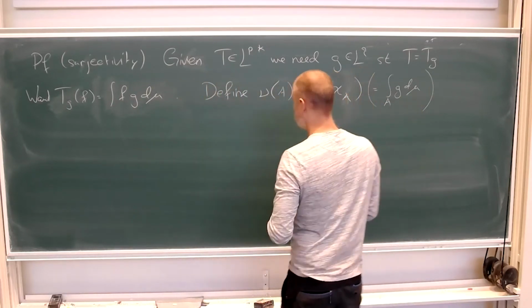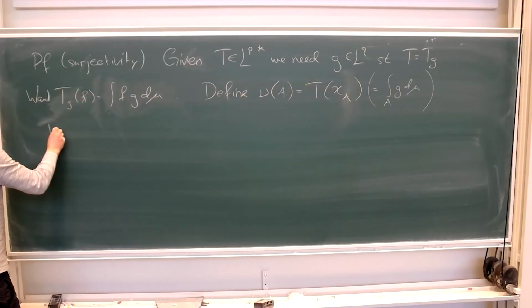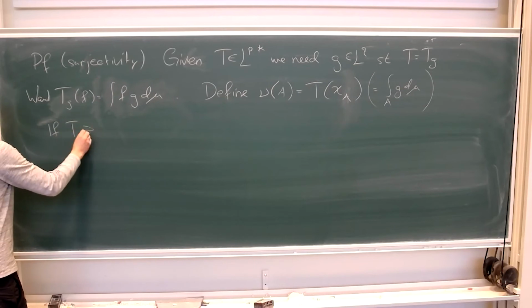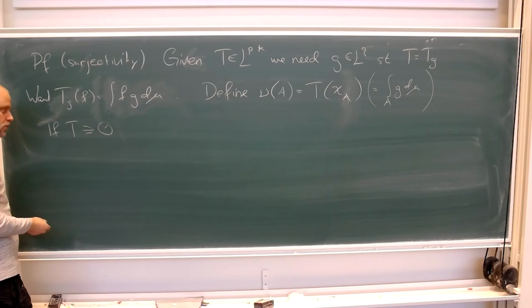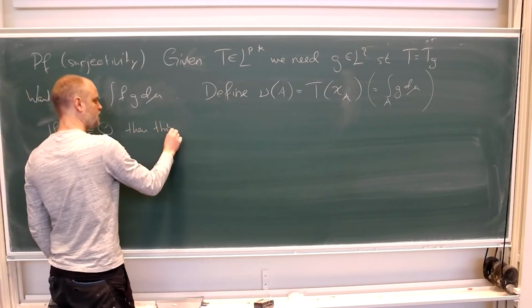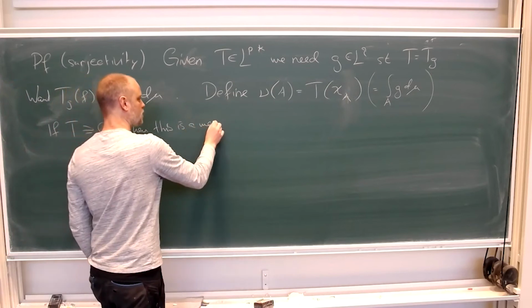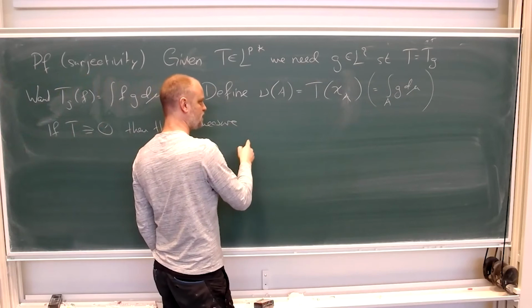Okay, so I keep this parenthesis there. If T is bigger than or equal to 0, meaning T applied to whatever is always non-negative, then this is a measure. Okay, how do we see that?